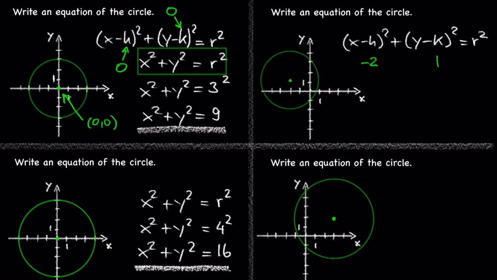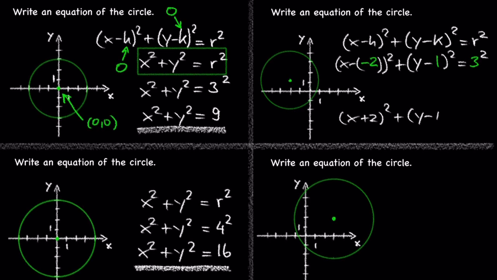Let's see what the radius is. 1, 2, 3. So we get (x minus negative 2) squared plus (y minus 1) squared equals 3 squared. A negative and a negative is a positive. And 3 squared is 9.